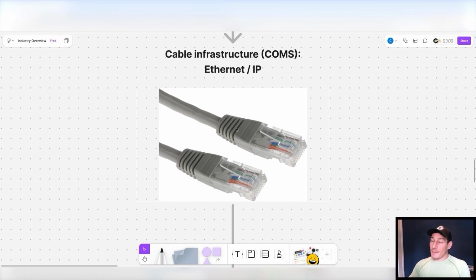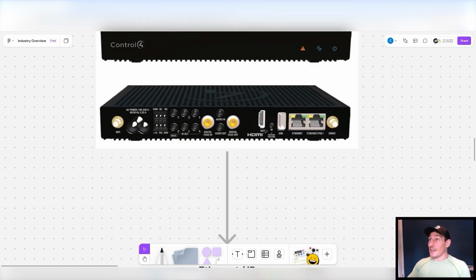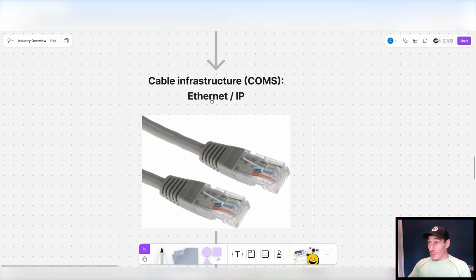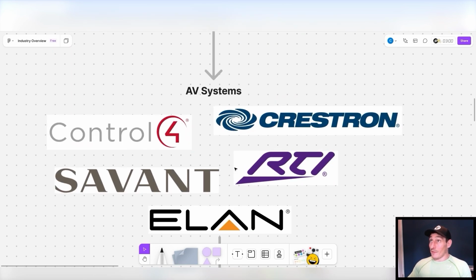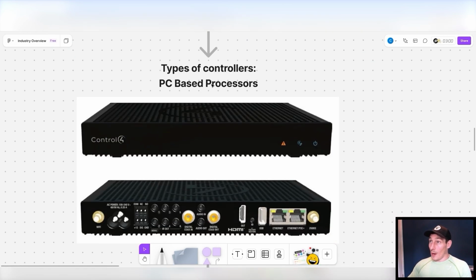A simplistic example, but most of the cable infrastructure, certainly nowadays, where you're having less HDMI distribution, you can pretty much do everything over Ethernet. This is not an area of expertise for me, I'm just aware of it.